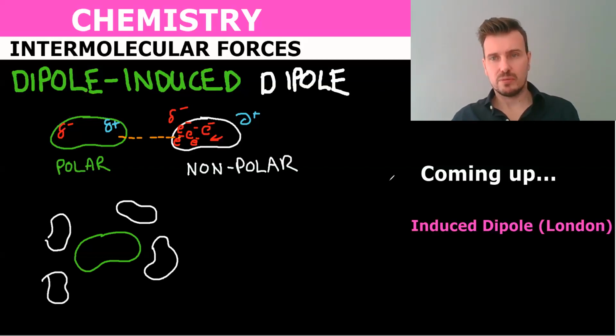And so what you'll have is the negative end of the water molecule repelling the electrons. So these would then repel the electrons. And so this would then become positive.